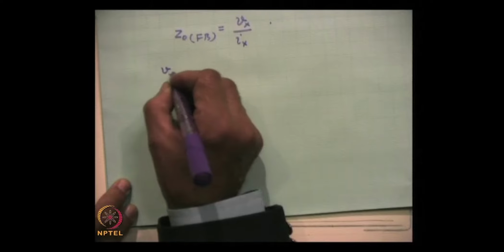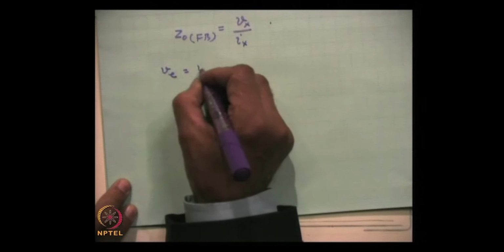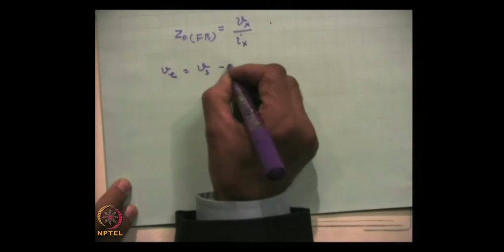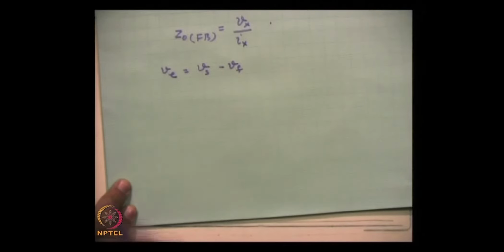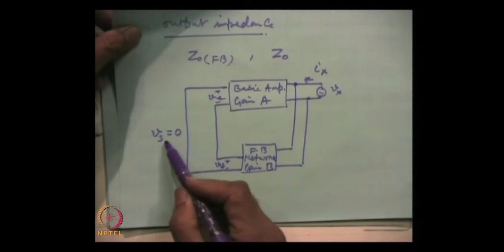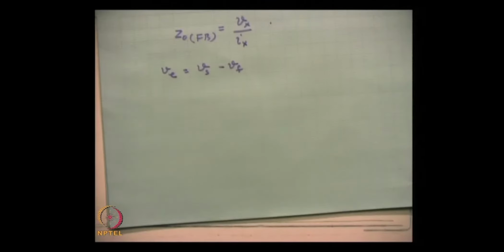Now, from the above figure, we already understand that V e, the error signal, is the sum of V s minus V f, but in the present case V s is 0, we have reduced V s to 0.